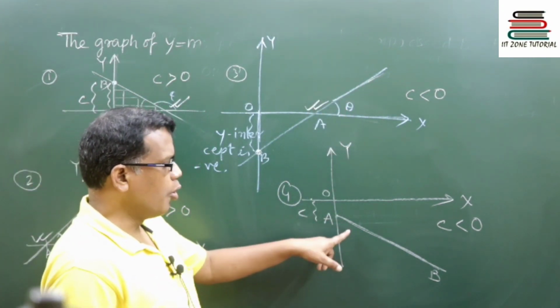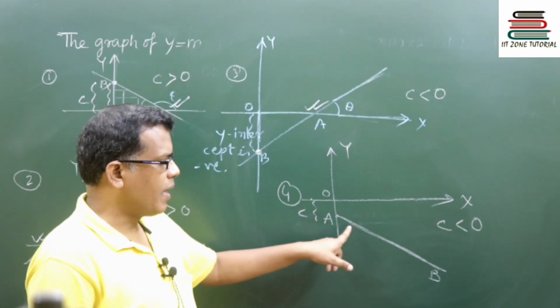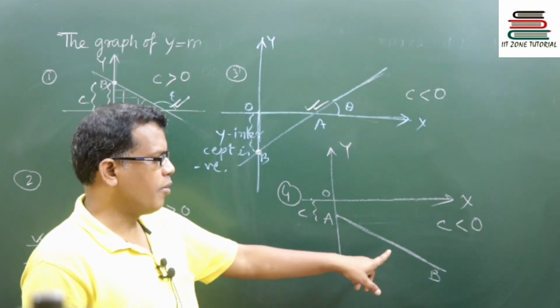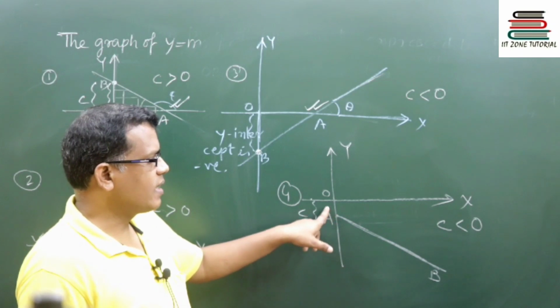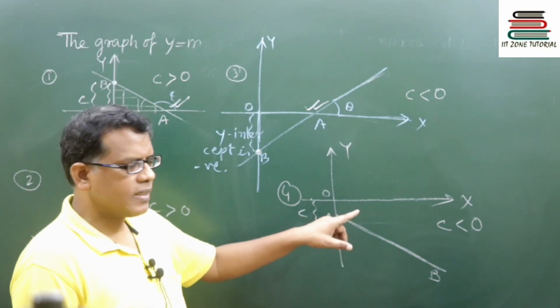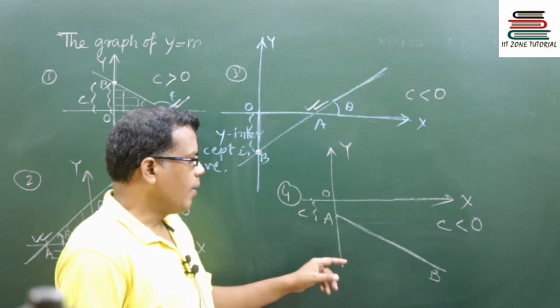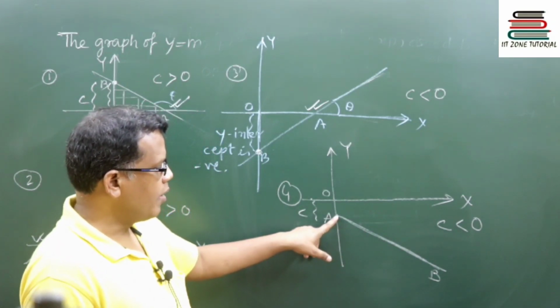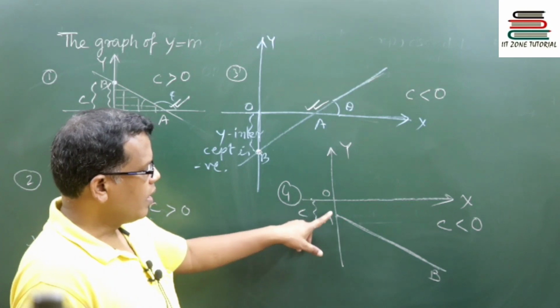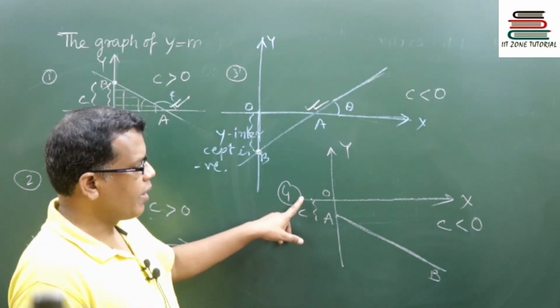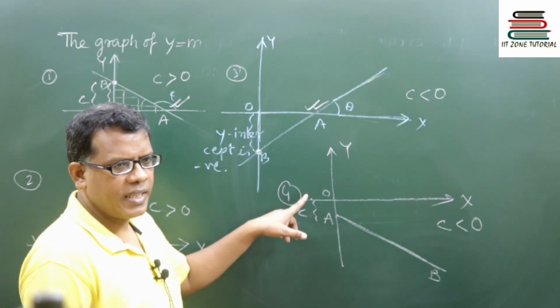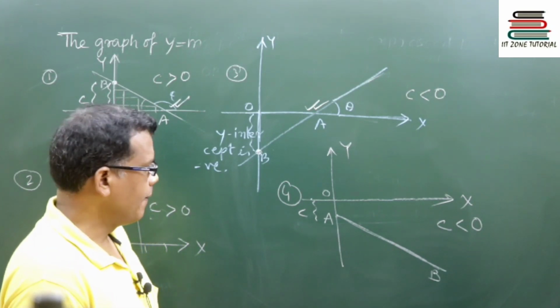But in this diagram I haven't shown the portion of the line that is intersecting or cutting the x-axis. I have drawn it from the y-axis to the right side. Had I drawn it further backward, then I could show the point where it cuts the x-axis. Yes or no? Yes.